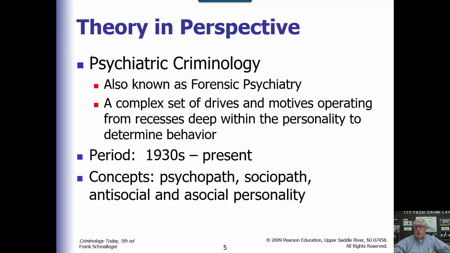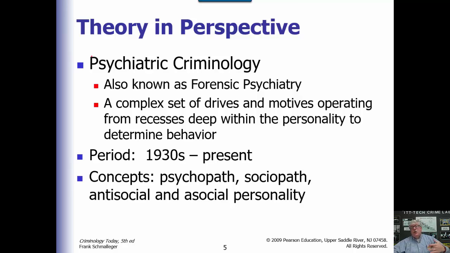The first one is psychiatric criminology, or forensic psychology, and it basically looks at the fact that there are drives and motives deep within the person's personality that determine their behavior. The concepts we look at are psychopath, sociopath, which you've heard before, and antisocial and asocial personality, which are all basically different names for the same idea.